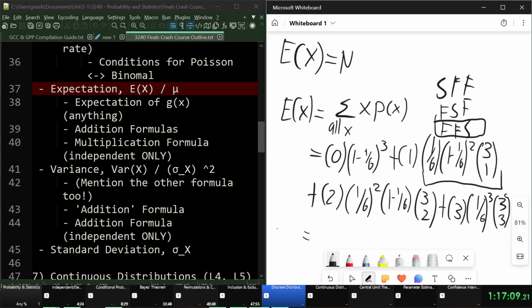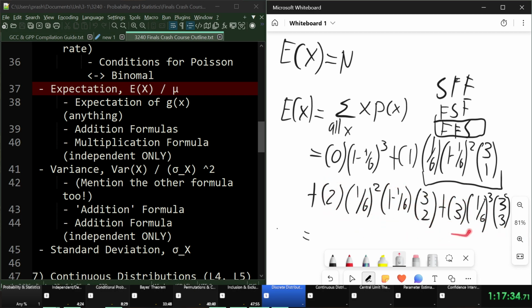What I was doing this whole time is following the formula up here. Its value, in this case x, times probability. For our first case, our value was 0, and the probability of that was this number here. For our next case, our value was 1, and our probability was this case over here. Then when our value was 2, we've got this probability over here.